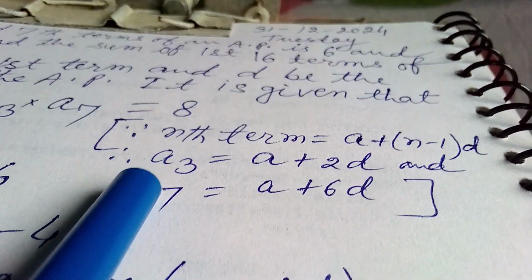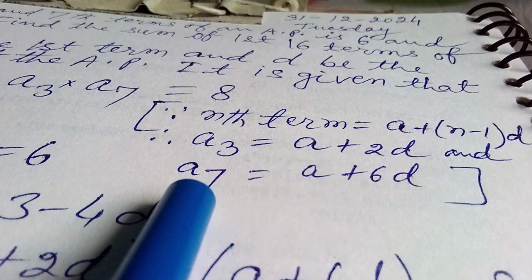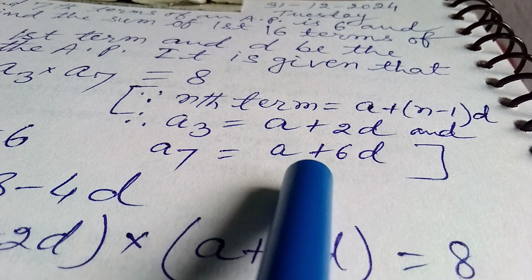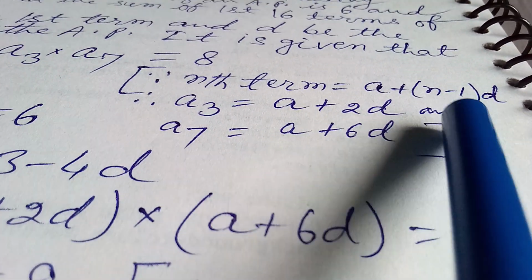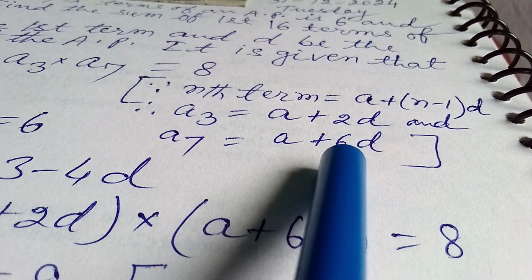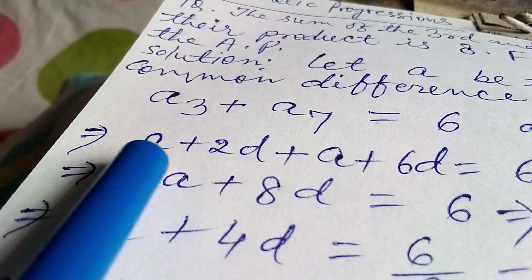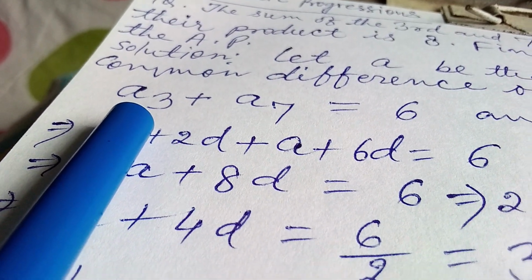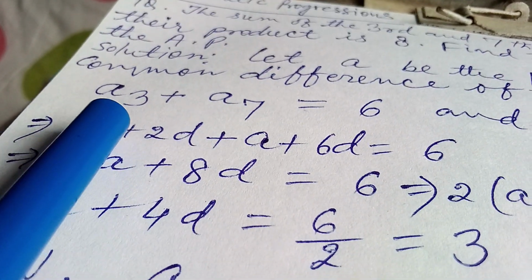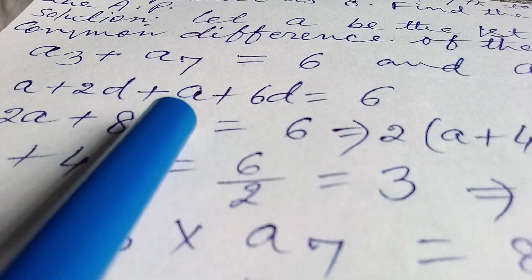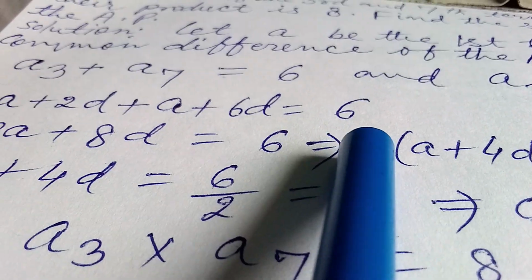And A7, the seventh term, equals A plus 6D, because 7 minus 1 is 6. Now we put this in A3 plus A7 equals 6: in place of A3 we write A plus 2D, plus, in place of A7 we write A plus 6D, equals 6.